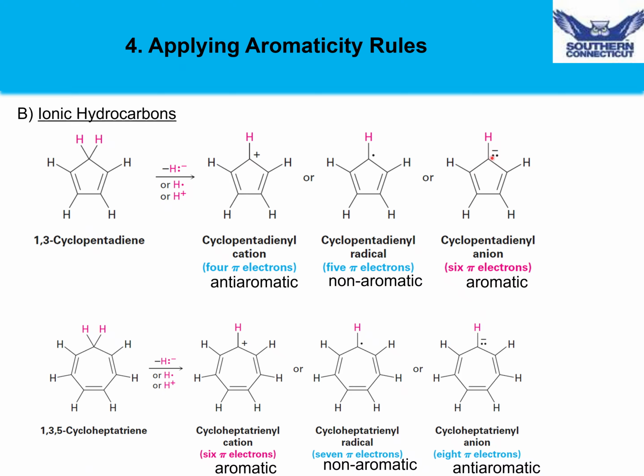And so what happens with this compound is that this carbon will be sp2 hybridized. It will have a p orbital, and that p orbital will have the lone pair on it to allow the completion of the cyclic pi cloud and allow this compound to be aromatic.